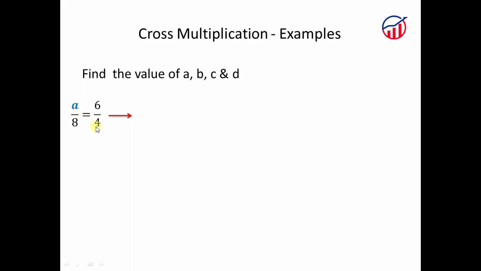So A multiplied by 4 is equal to 8 multiplied by 6. So what we need to find? A. So this is going to move down over here. So A is 8 multiplied by 6 upon 4. So 4 2s are 8 and 2 6s are 12. So the answer is A is equal to 12.